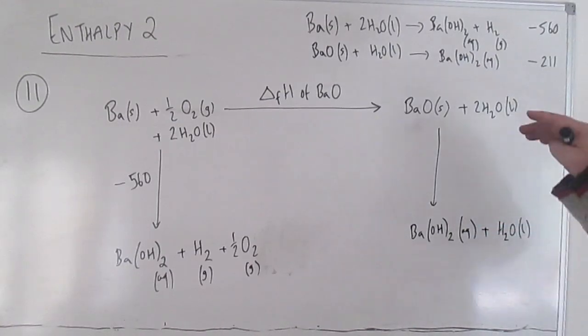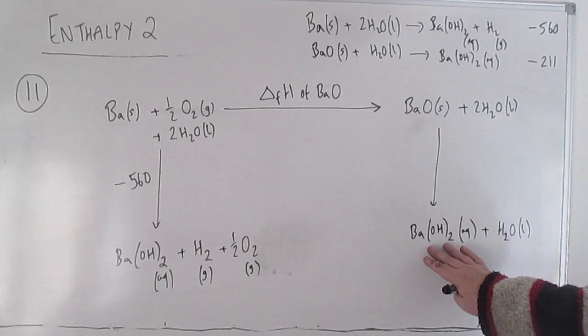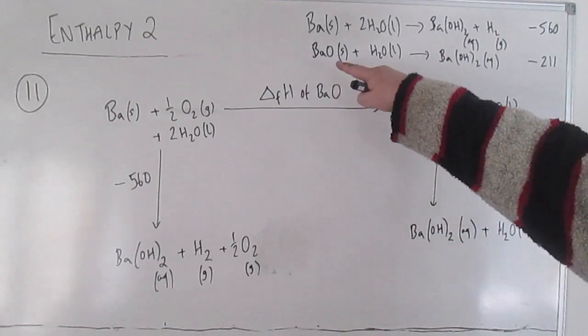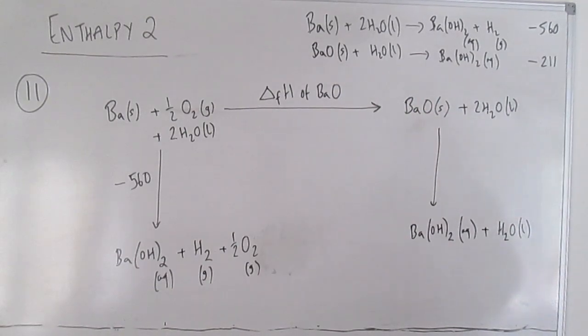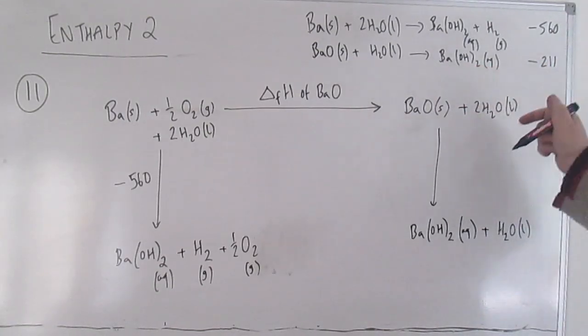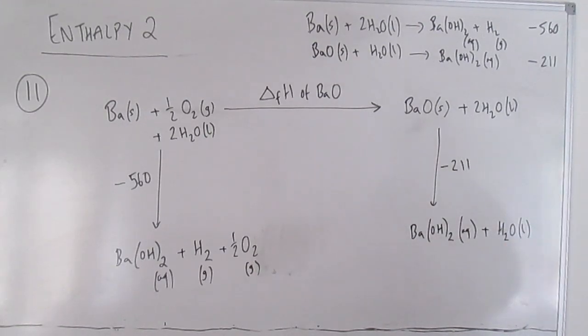So overall, the change there is barium oxide plus one water gives you barium hydroxide, but there's one extra water that's just being carried across and isn't involved. So once that's cancelled out, you can see that's the same reaction, so that's minus 211 going that way.